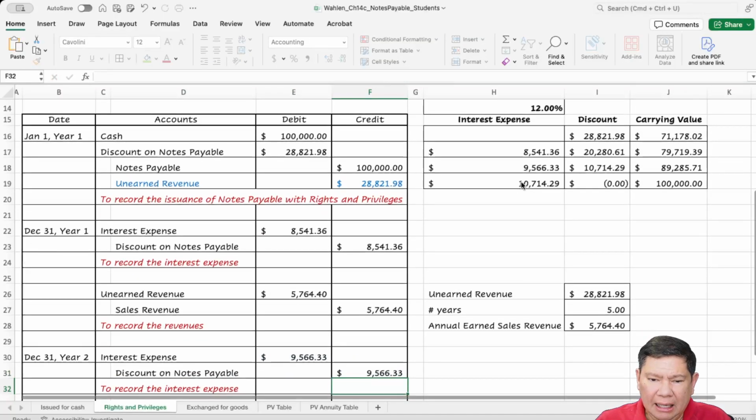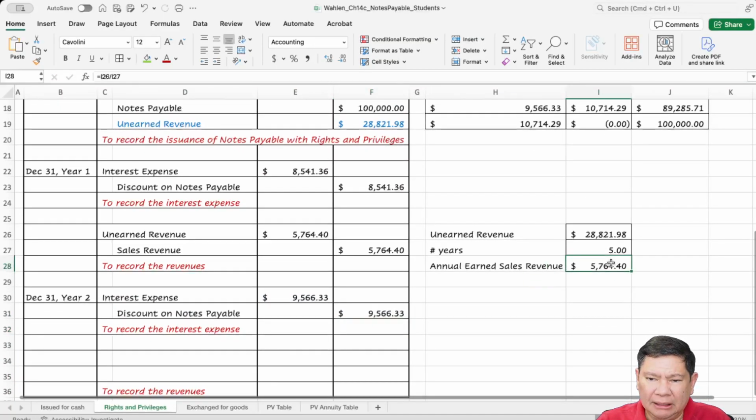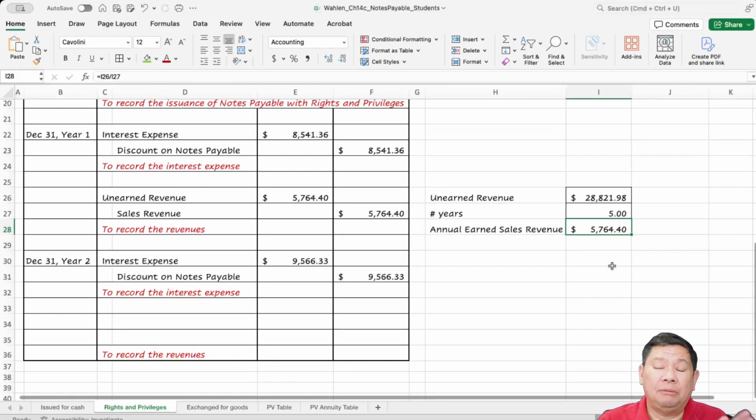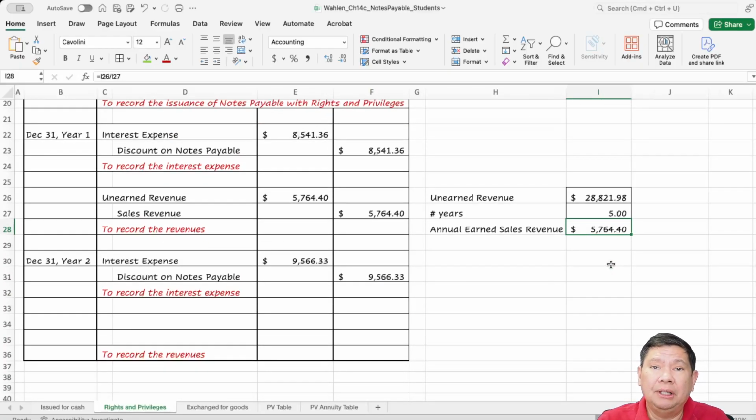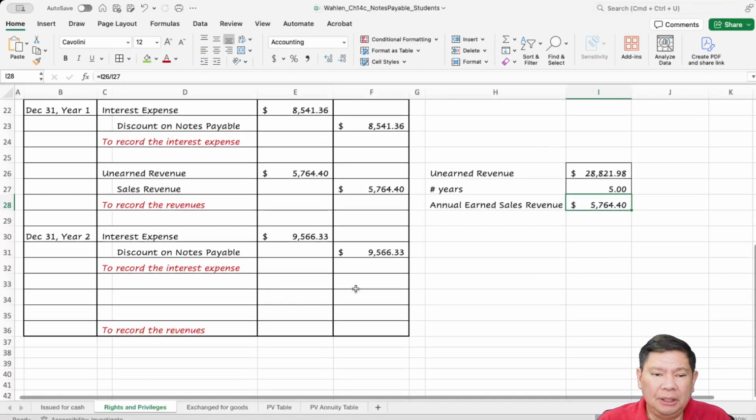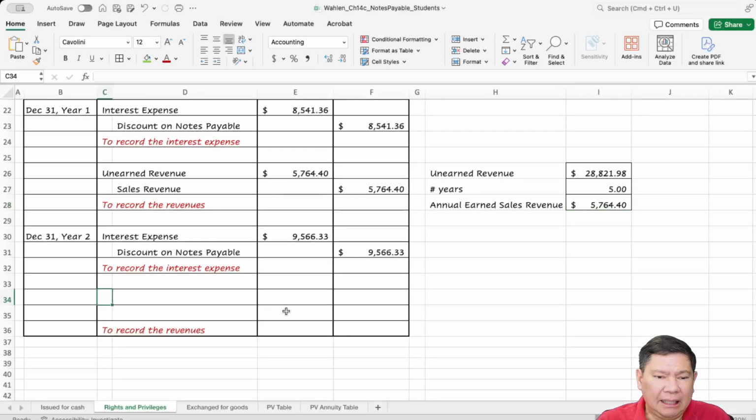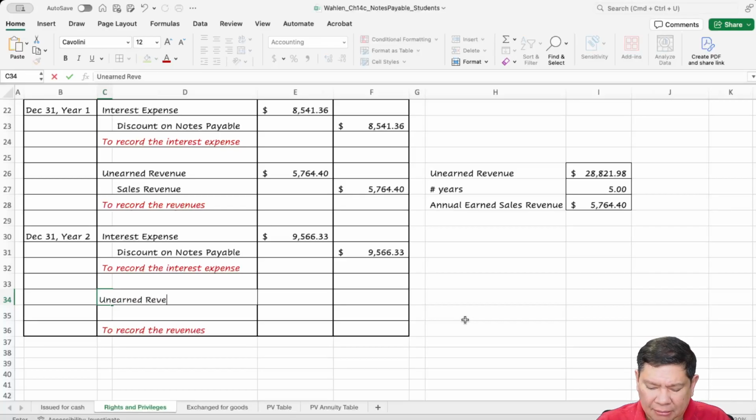And then another 5,764.4 of the unearned revenue turns into sales revenue. So unearned revenue turns into sales revenue to be recognized in our income statement.